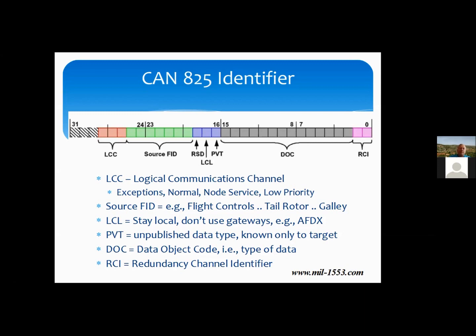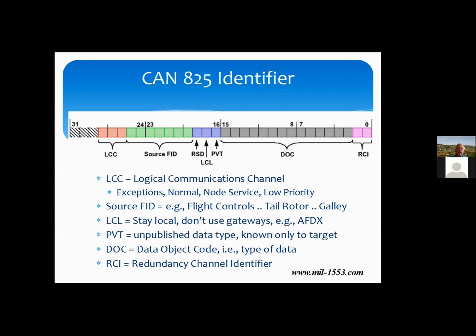Occasionally, you'll have some manufacturer that has a need for a very specialized kind of data that doesn't meet any of the spec's definitions. Obviously, if he's going to send something that doesn't meet the definitions, he's going to have to have a receiver somewhere who also knows about this. So this bit tells the receivers this is one of those kinds of data that is not well defined by the spec.